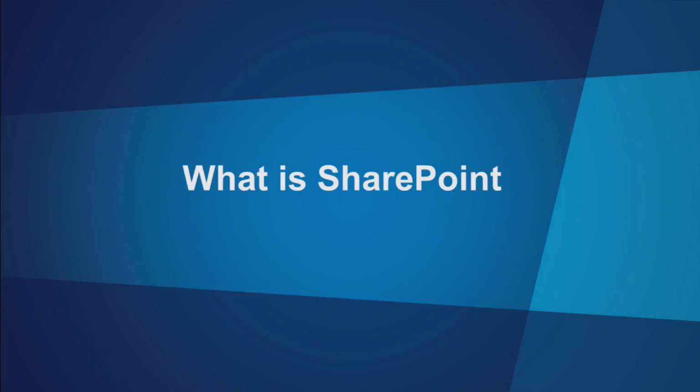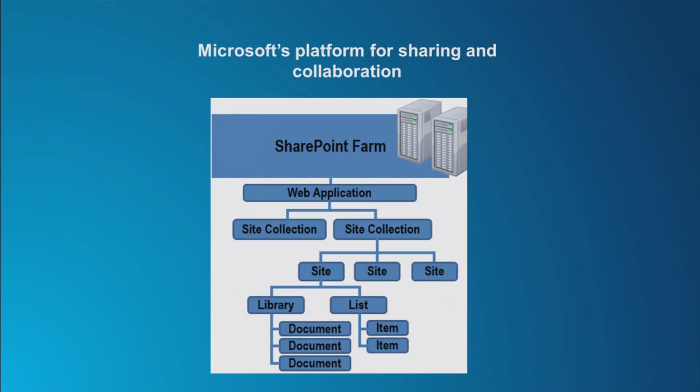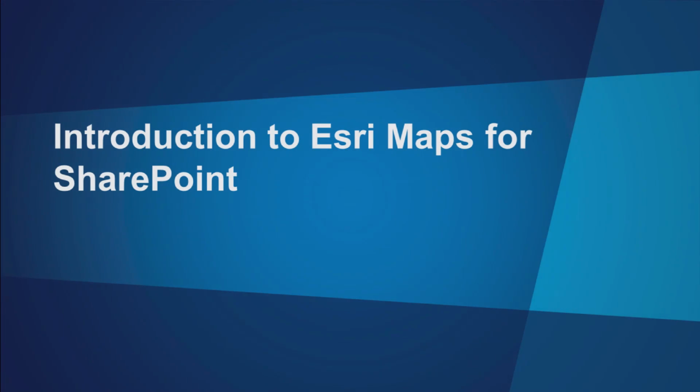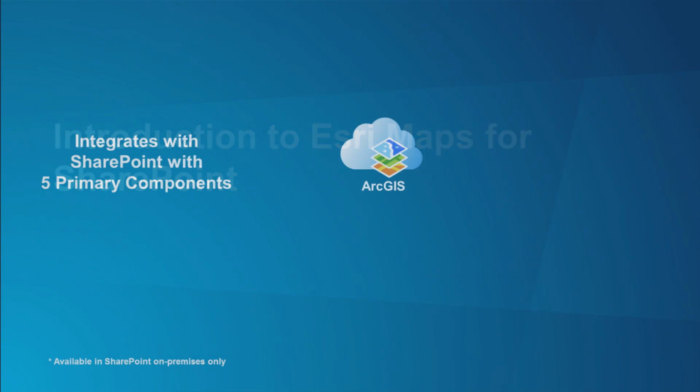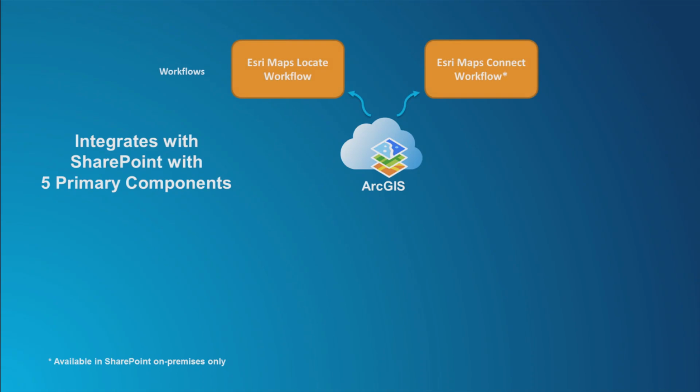Okay, since everyone uses SharePoint, I'm going to skip this slide, and I will just add some complementary statements about Esri Map for SharePoint. As Scott mentioned, we support 5 primary components. SharePoint is a very, very extensible platform. So the way Esri Map for SharePoint works is we extend SharePoint in our own way.